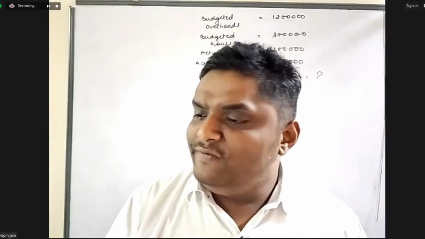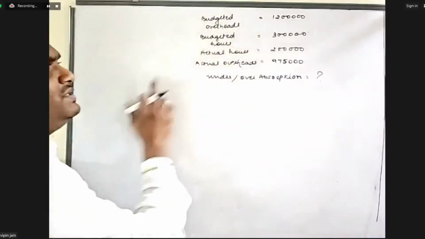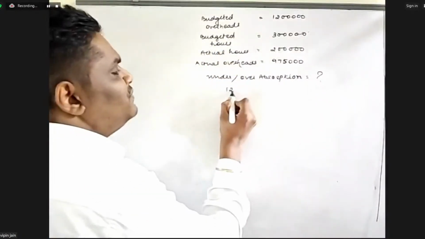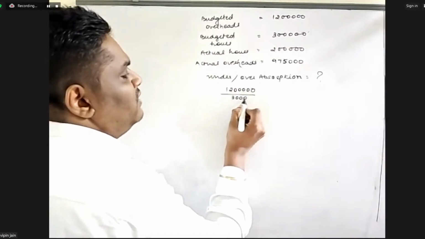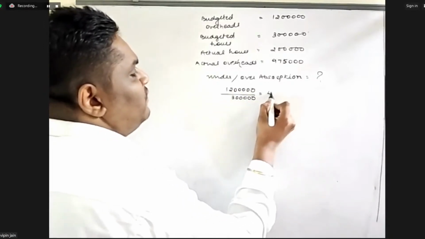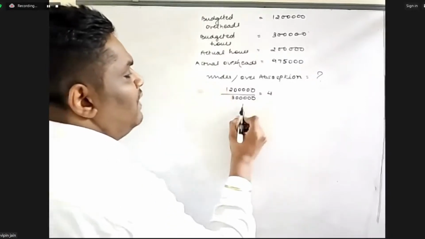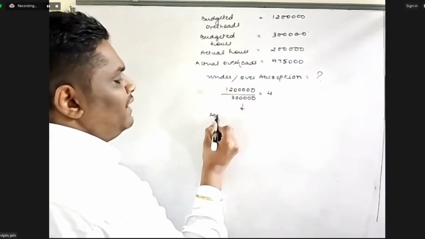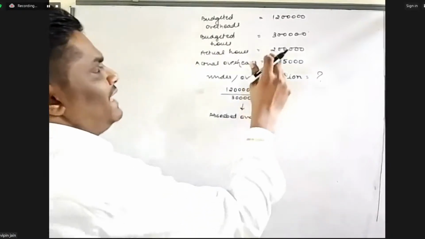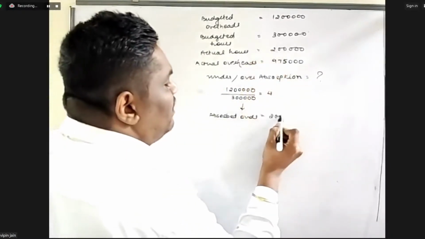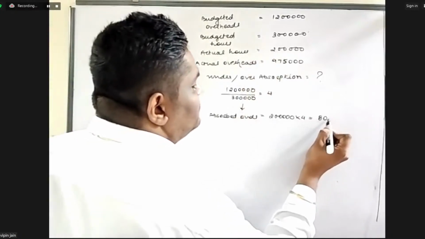Still, 4 to 5 students are not thorough with the concept. So again, the same process. First, calculate the absorption rate. That is 12 lakh divided by 3 lakh. So we'll get the absorption rate 4. Now, second, what you have to do? Calculate the absorbed overheads. That is, actual hours are 2 lakh into 4. So we'll get 8 lakh as absorbed overheads.